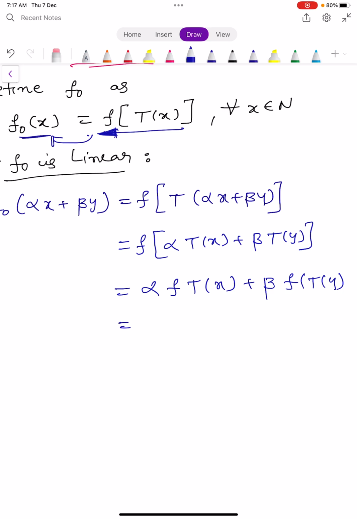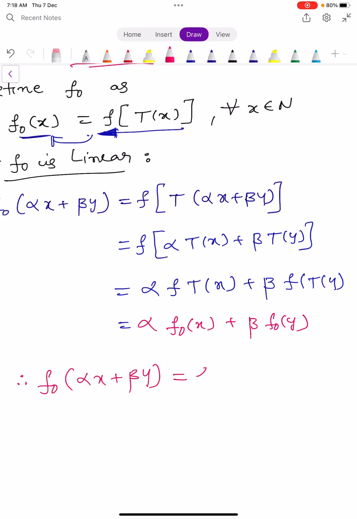So it can be written as alpha f naught of x plus beta f naught of y. Finally, we proved that f naught of alpha x plus beta y is equal to alpha f naught of x plus beta f naught of y. This shows us f naught is linear.